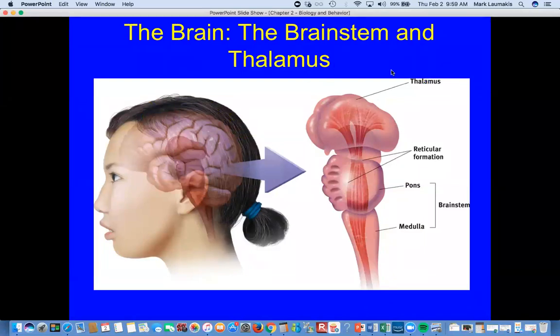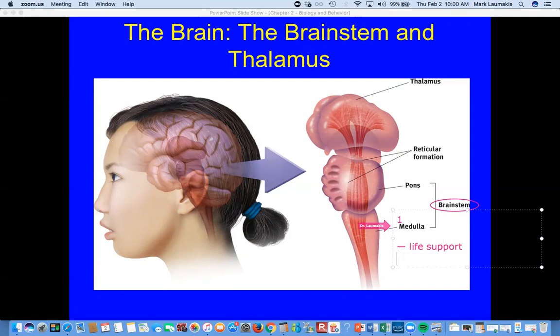So we're going to begin at the base of the brain in an area that's often referred to as the brain stem. So we've got this young woman here who's got a nice semi-transparent skull. So coming up from her spinal cord, the very first structure that we encounter down in here is known as the medulla. And what I'm going to do is just number these for you as we go through them. So the medulla, number 1, is the structure that I'm going to refer to as the life support system for you in terms of brain structures, right?